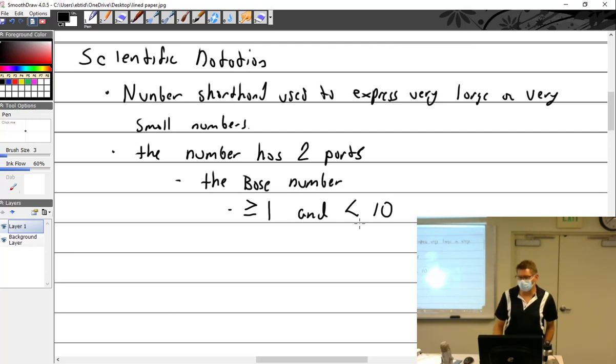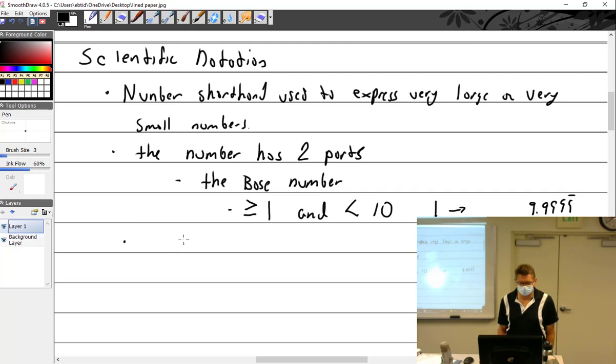So the base number has to be equal to or greater than 1. It can't be less than 1, and it has to be less than 10. So it could be 1 up to and including 9.9999 repeating. So it's got to be somewhere between those two numbers. If it's outside of those, technically it's incorrect.